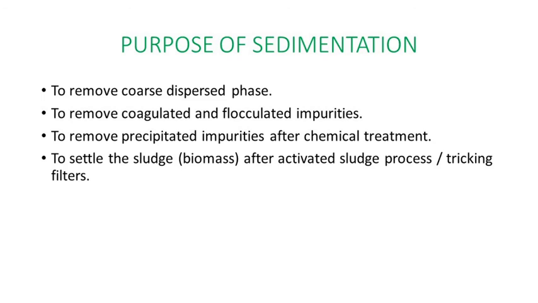During this process, the organic waste is oxidized by aerobic bacteria, and whatever sludge is produced, you can remove in the sedimentation tank, or sedimentation basin. So for the removal of that biomass and sludge, we require the sedimentation basin after the activated sludge process and the trickling filter.